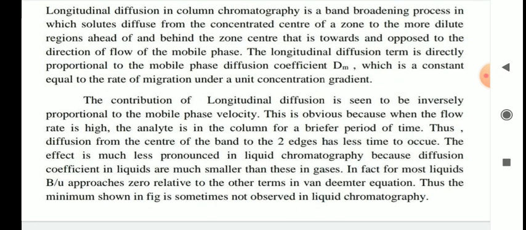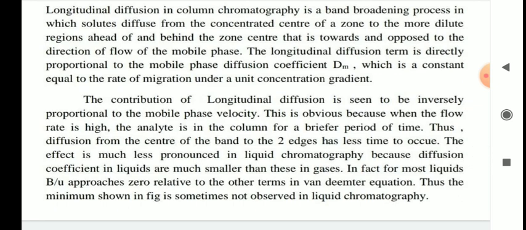In liquid chromatography, this diffusion is very small because diffusion coefficients in liquids are much smaller than in gases, right? In the case of gases, diffusion is higher, and the B term is very high because of gas diffusion.